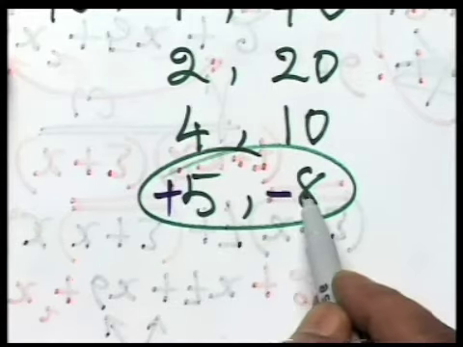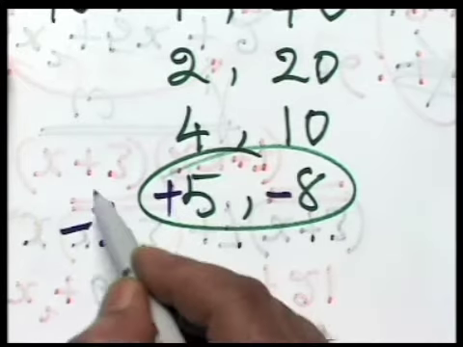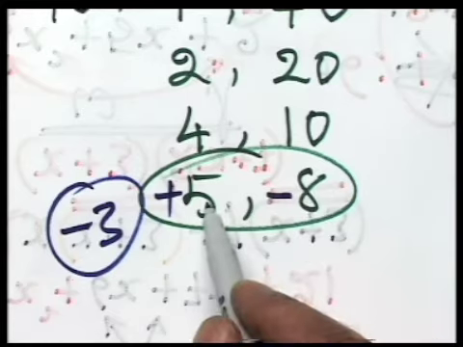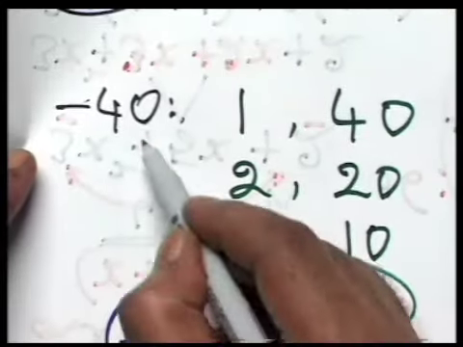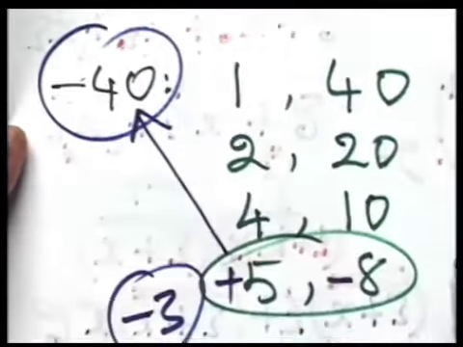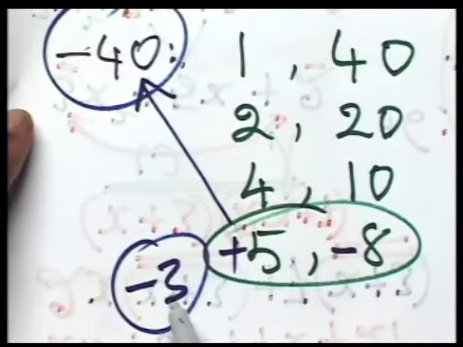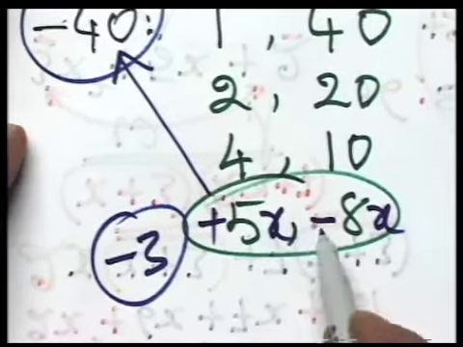Minus 8 plus 5: when I add, I get a minus 3, which is the middle number. When I multiply, 8 times 5, 40. Positive times negative, negative. That's what I was looking for. So, product of them minus 40, sum of them minus 3. That's how you split the middle term.